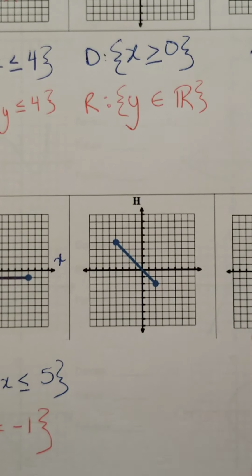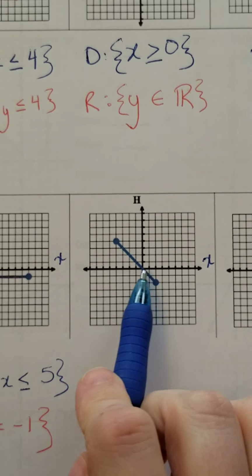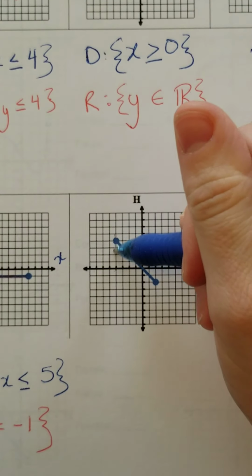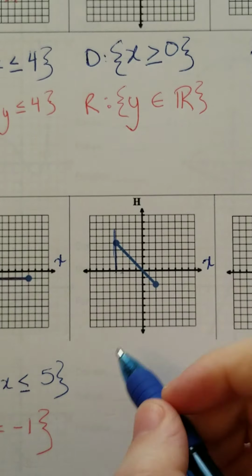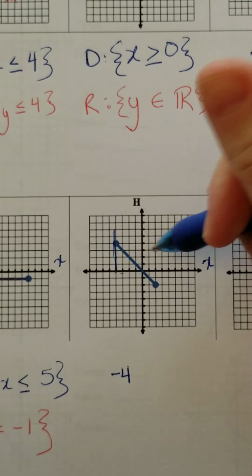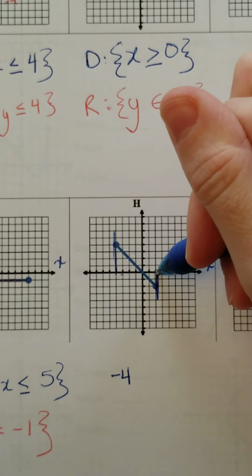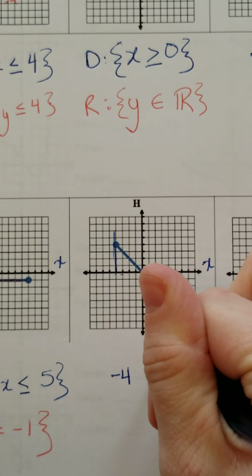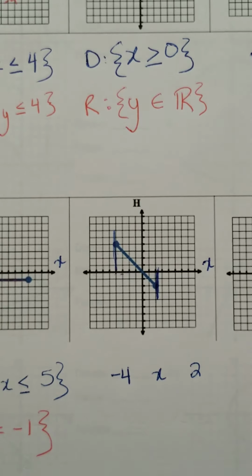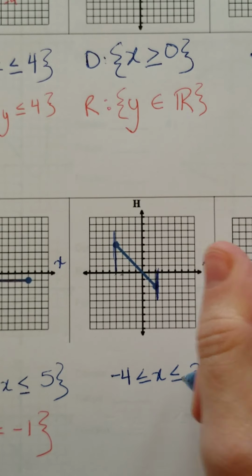Okay, here for my x values, my farthest left point is right here, which is at the value of -4. So I write that down. And then my x value that's the farthest right is this one, which is +2. X in the middle, I have closed circles at both ends, so I include the line.